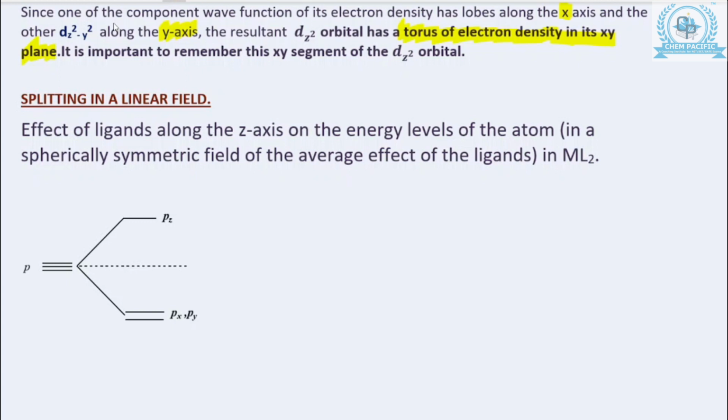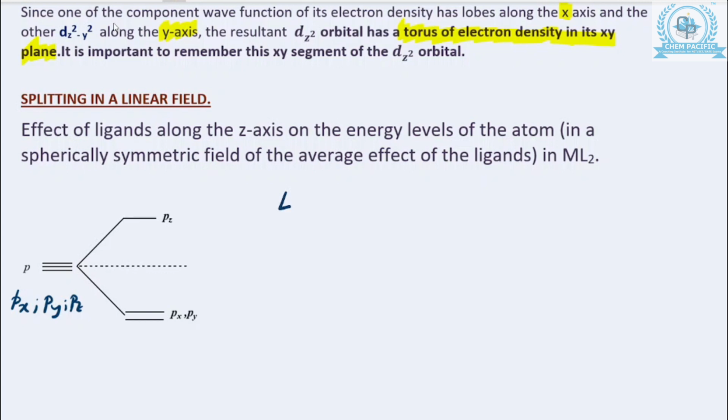For example, the p orbital is triply degenerate and it consists of three degenerate orbitals, px, py and pz. One is along the x-axis, the other along the y-axis, and pz is along the z-axis.